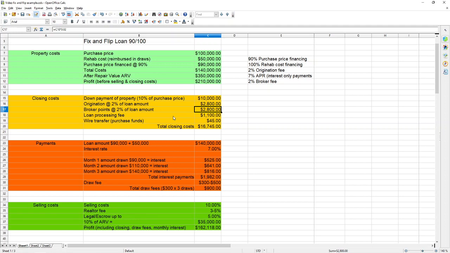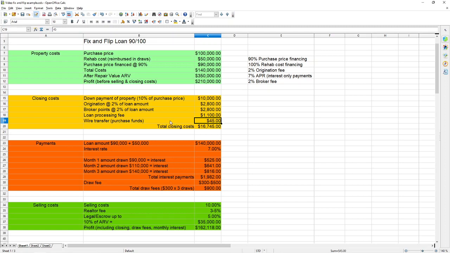Almost pretty much every hard money lender out there is going to charge $1,000 to $1,400 for loan processing, and some other lenders might charge more. We also included one other fee that is assessed in probably every single loan out there: $45 for wire transfer for processing the payments from the lender.